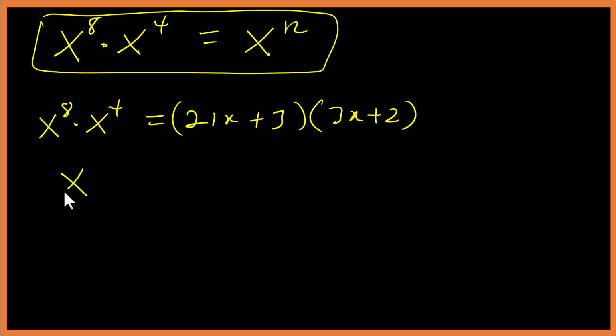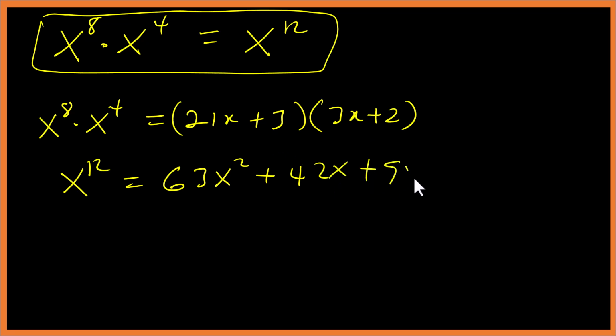So we have x to the power 12. 21 times 3 will be 63x squared plus 42x. 13 times 3 is 39, plus 26, giving 39x plus 26 in the working.